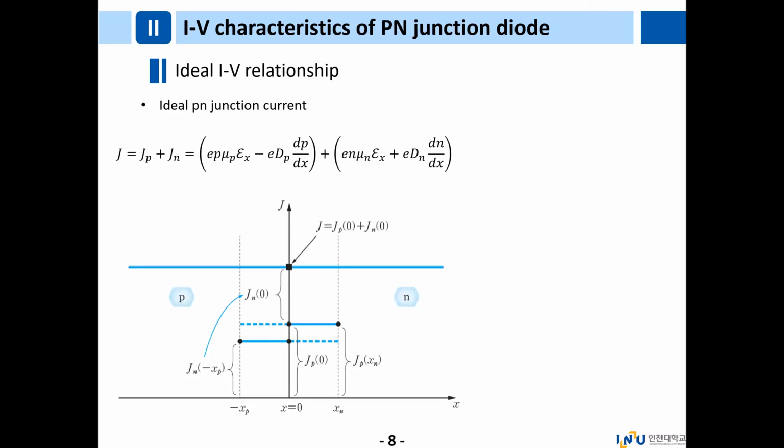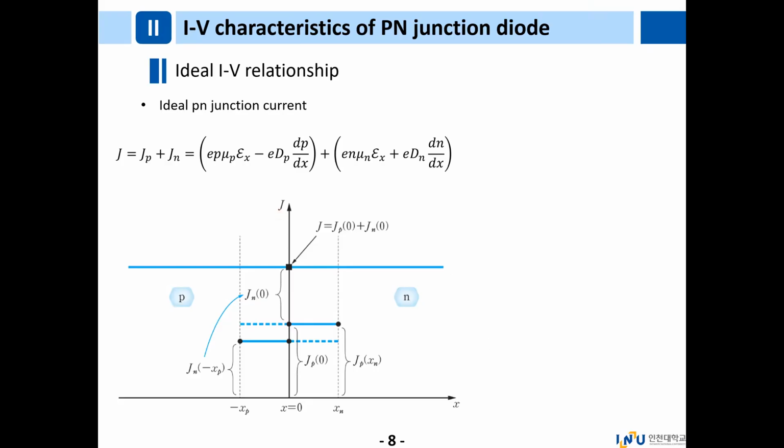So let's take a look at the current density J when forward bias is applied to the PN junction. There are two types of particles that contribute to current, holes and electrons, and two types of movement mechanisms, drift and diffusion.